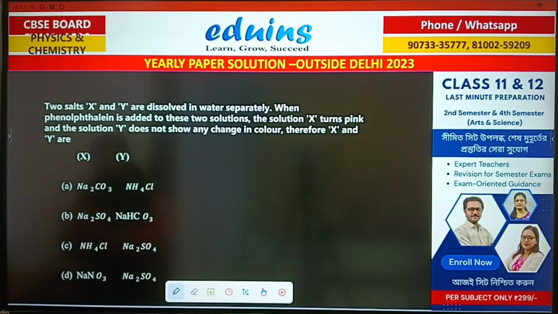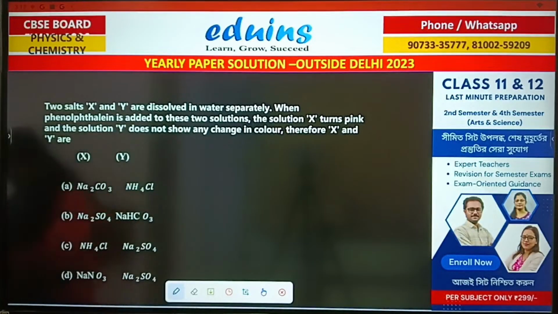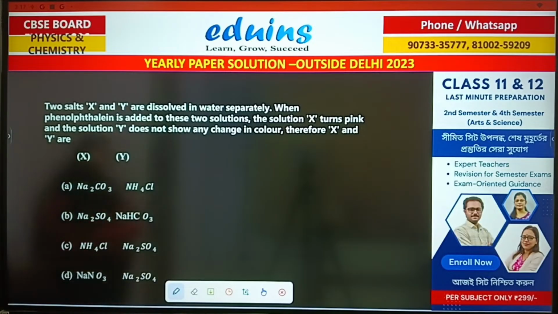Do you know, anyone from the comment section? So this is the chemistry part. So what will be the answer? Two salts X and Y are dissolved in water separately. Phenolphthalein is added to these two solutions.